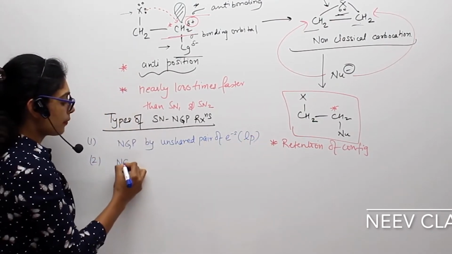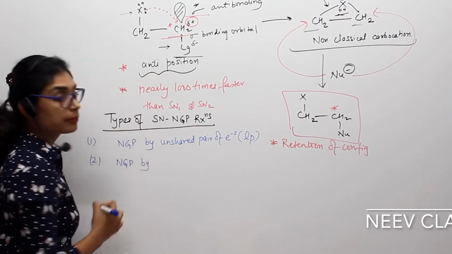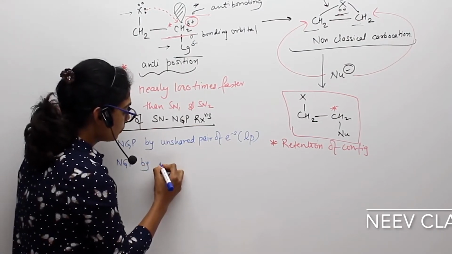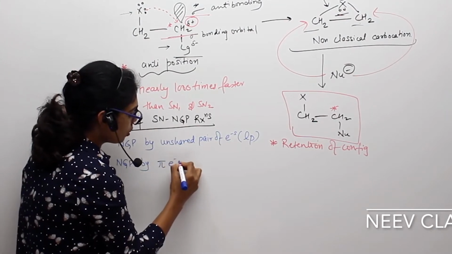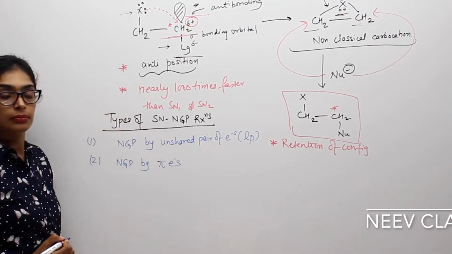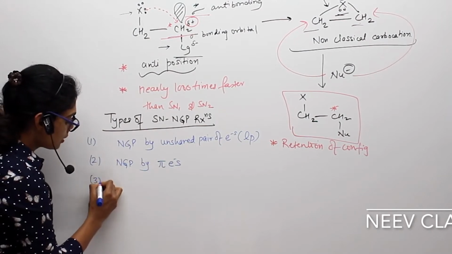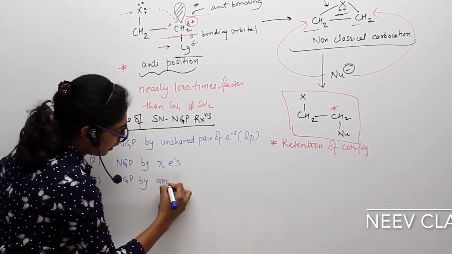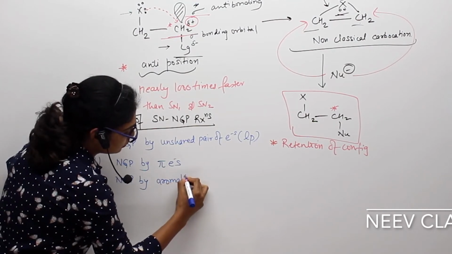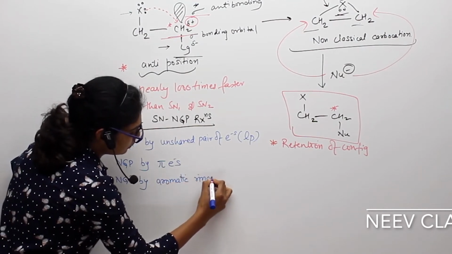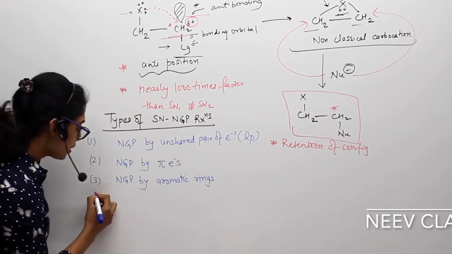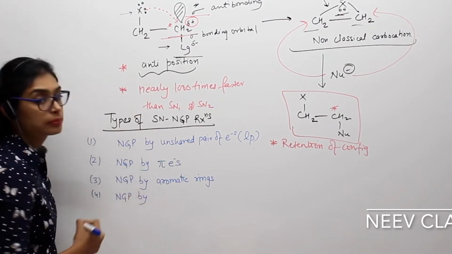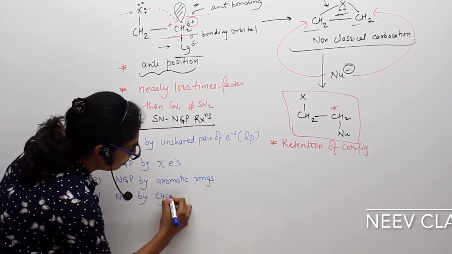Next is NGP by pi electrons. Third is NGP by aromatic rings. Fourth, NGP by cyclopropyl group.